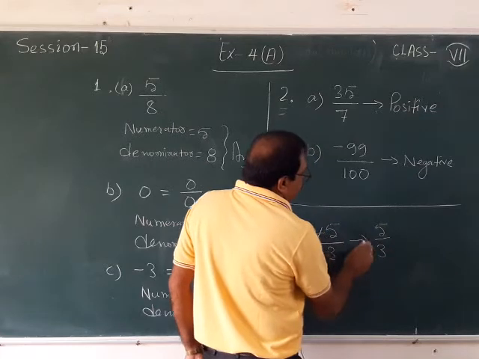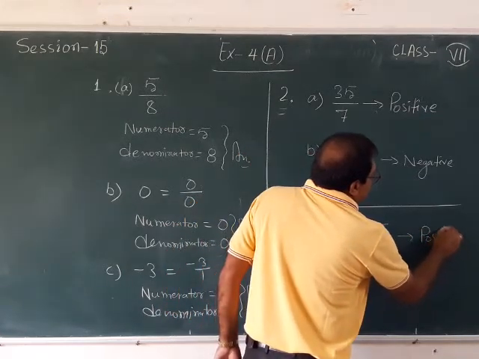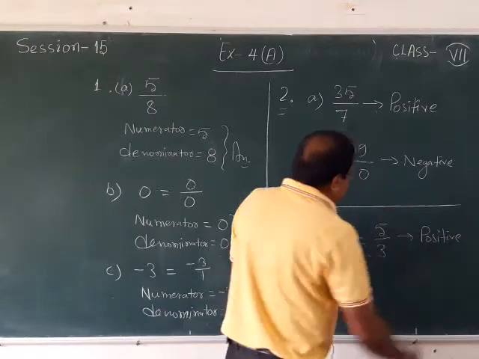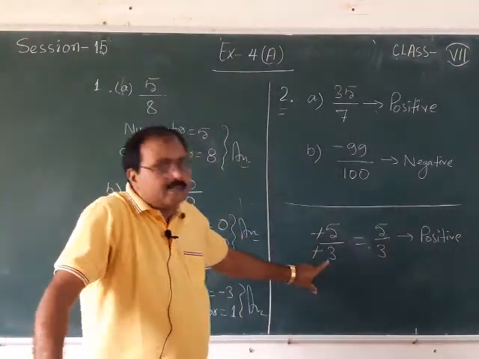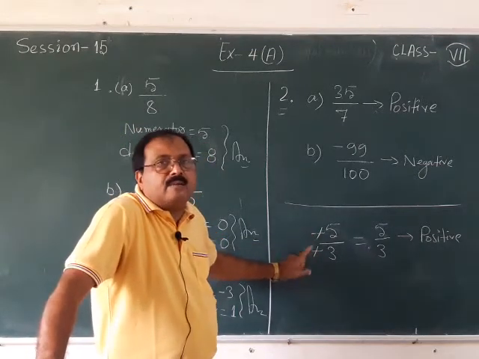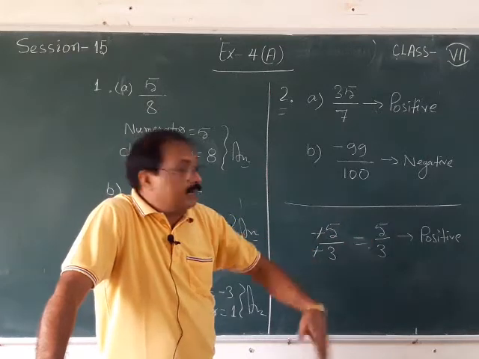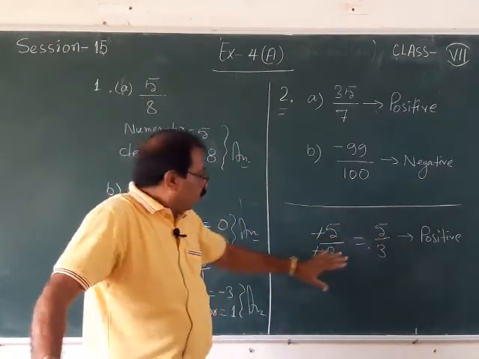Ultimately you are getting 5 by 3. That means it is a positive rational number. If both the numerator and the denominator have a minus sign, both minus signs can be cancelled, and ultimately you will have a positive rational number.